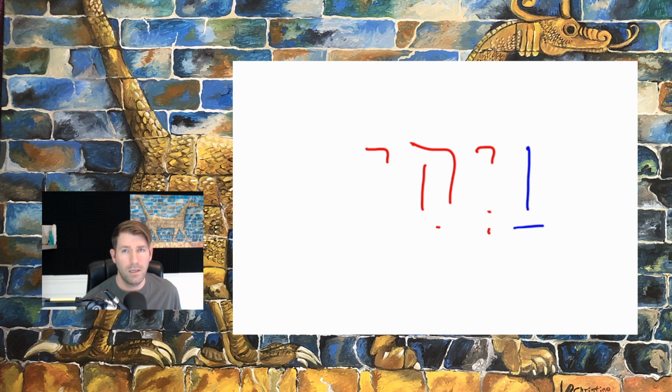The way that I described it is there are lots of times where you have a vocal shva underneath a letter that has one of those dagesh fortes, or doubling dots, and it acts like a little drill, and it drills up and creates a little hole, and that allows the dagesh to just drop out.